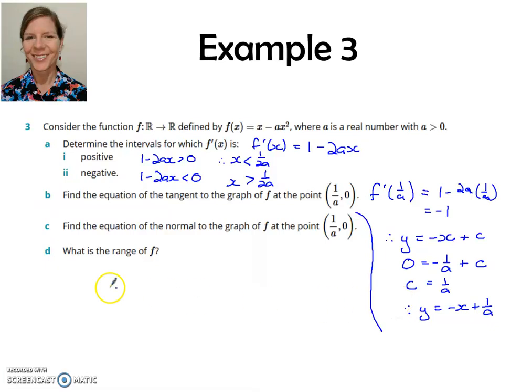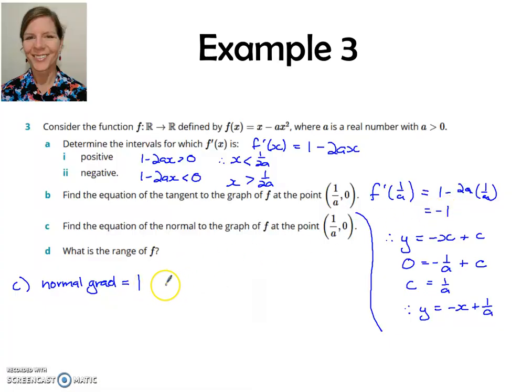Now for part C, we want the normal. It's going to be the same, except the gradient, of course, is going to be the inverse and opposite. So if the gradient here was -1, the inverse of that is just -1, but the opposite is 1. When you multiply these two gradients together, they should give you -1.